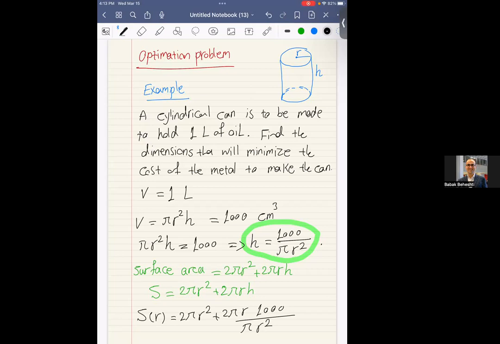If you simplify, pi is gone because you can cross it out, and you can also cross out one R from the top and bottom.